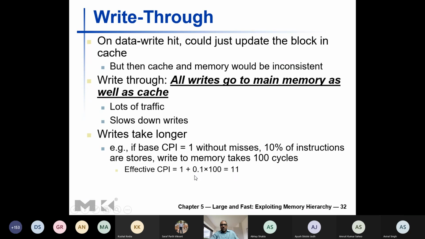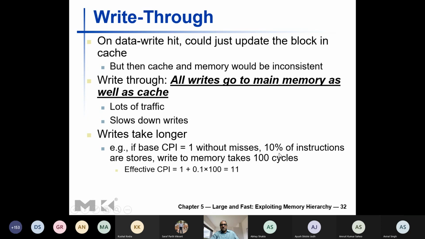So 0.1 times 100 gives about 11 as the effective, overall CPI. That means 10% of the time, if you have misses or writing is required, your CPI will increase from 1 to 11. That is the impact of the miss penalty.